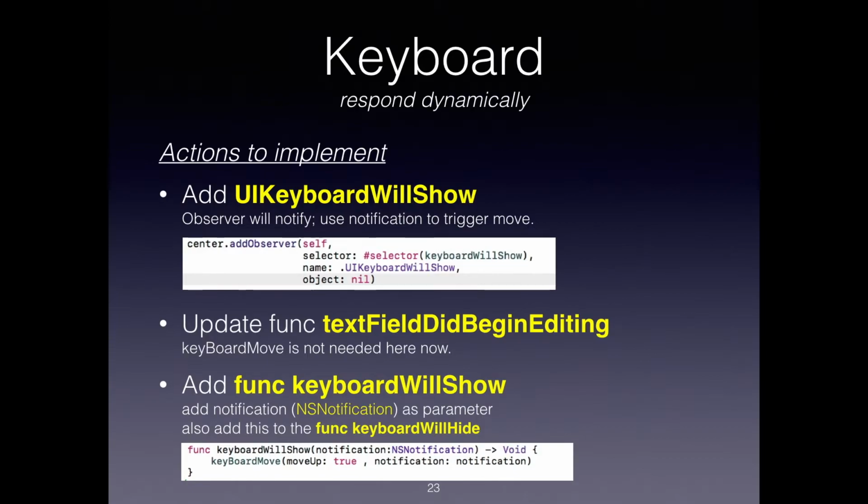But we will modify it in two ways. One is the keyboard function that we had before just needed to know if it's going up or down. Now we need to get the notification, because the notification will tell us the height of the keyboard. So it gets a little hairy here.